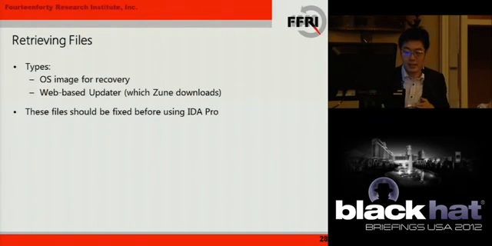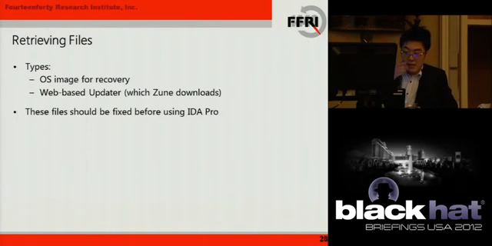These updater files are available for download from the Microsoft website and can be extracted as a CAB archive. However, they are not ordinary PE files, and they will not be correctly analyzed in IDA Pro. So we have to convert and fix them before using IDA Pro.